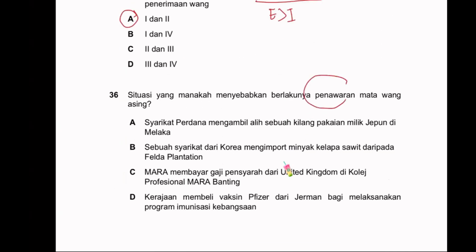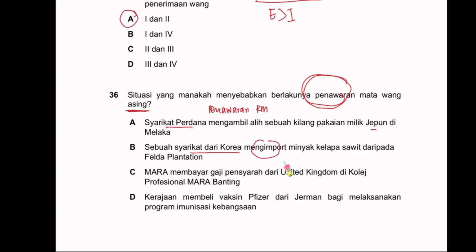Which one related to penawaran mata wang asing? Supply of foreign currency. Now, syarikat perdana mengambil alih sebuah kilang milikan Japan di Melaka. Local by Japanese company, so they pay Japanese company. Should be penawaran ringgit. Syarikat dari Korea import.